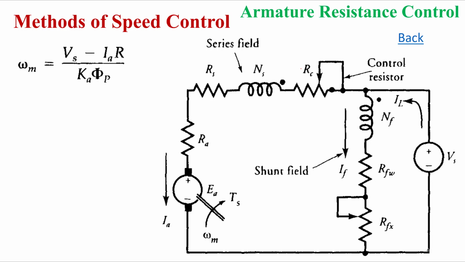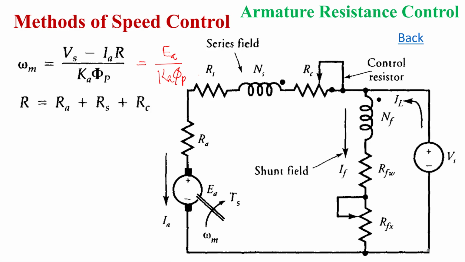So now if we write the equation for the speed, this is already known: omega = EA divided by KA phi P, right? EA is nothing but Vs minus IA R, where R is the net resistance in the armature circuit, right?